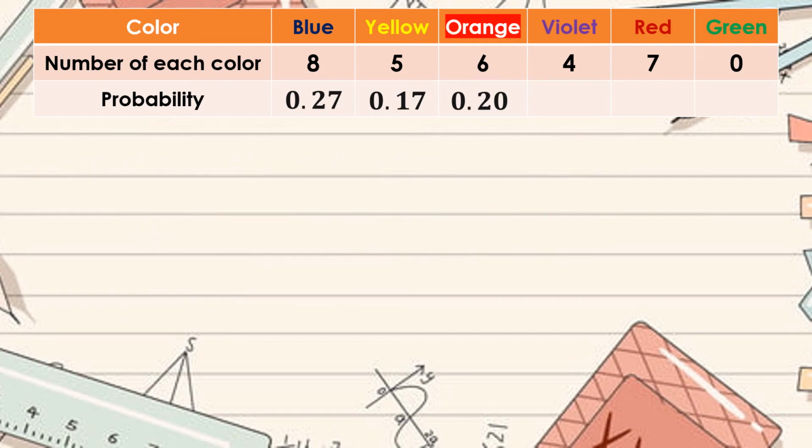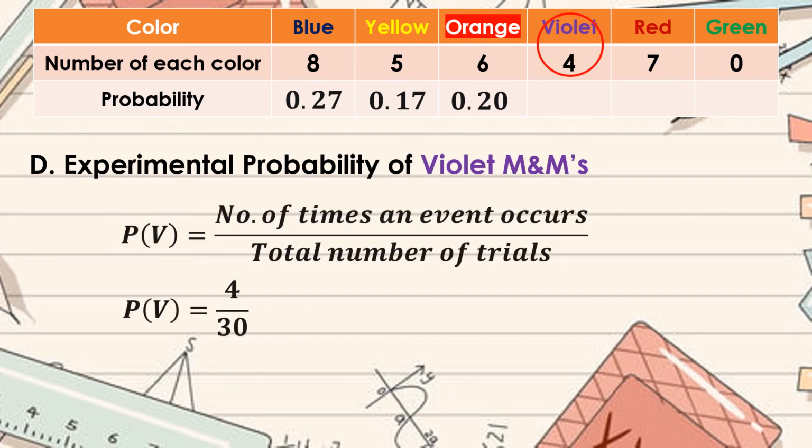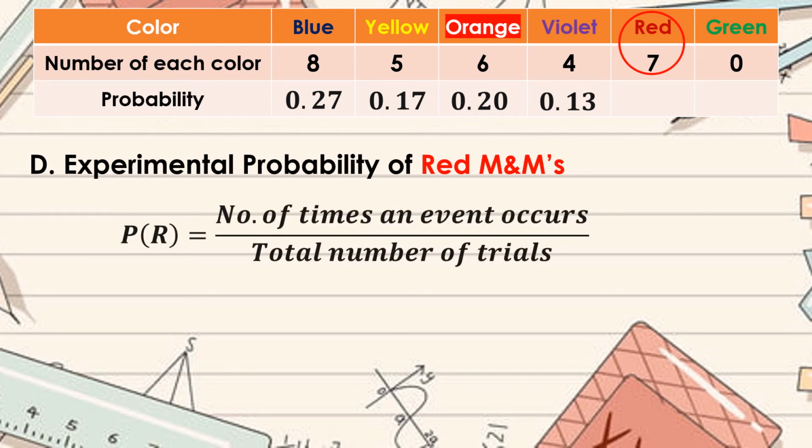For the violet, with the same process, since the violet is 4 pieces, so 4 over 30, and the quotient is 0.13. Same process for red colored M&Ms. 7, divide natin by 30 because the total number of M&Ms is 30.